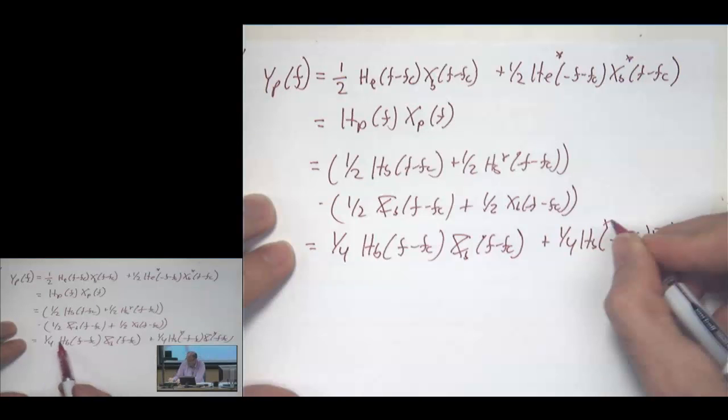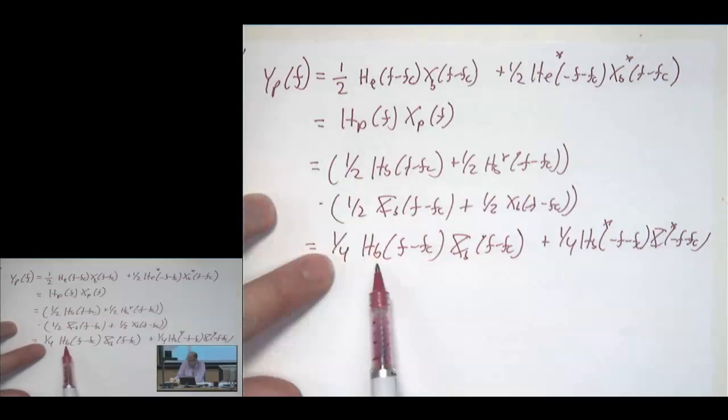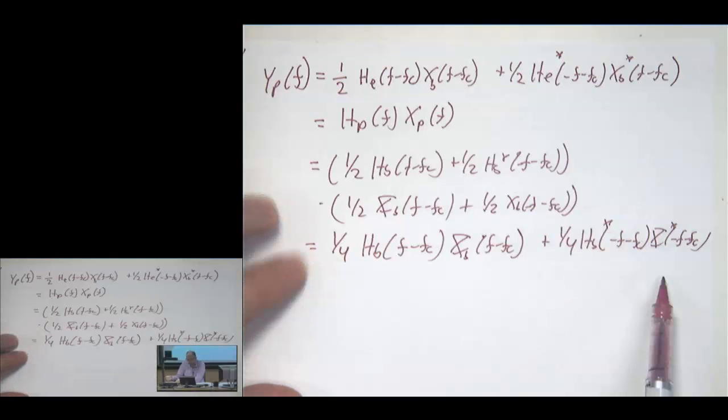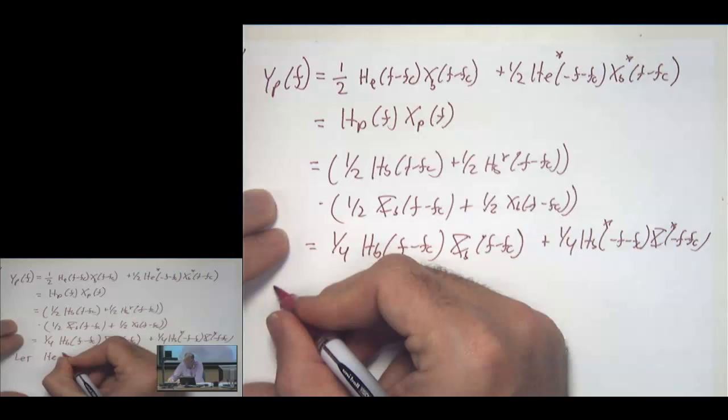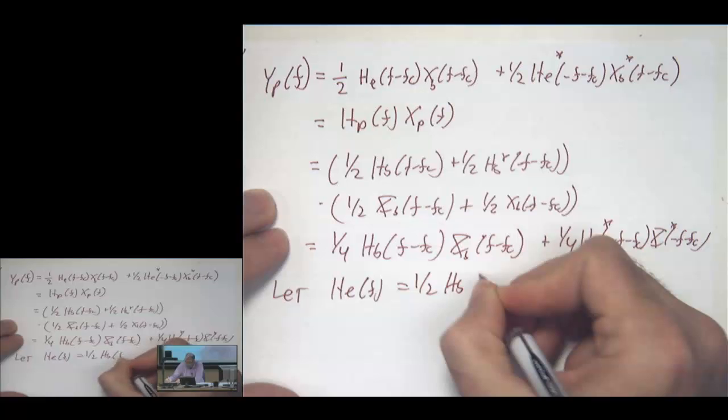And so you see right here that we have H_p of f is equal to 1/4 times this plus its mirror image. And we expect to see 1/2 times this plus its mirror image. So we get 1/2 by letting H_e of f equal 1/2 H_b of f.